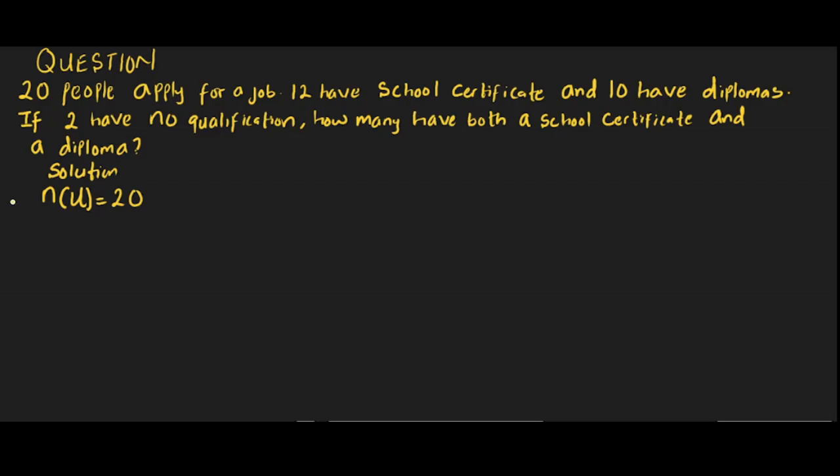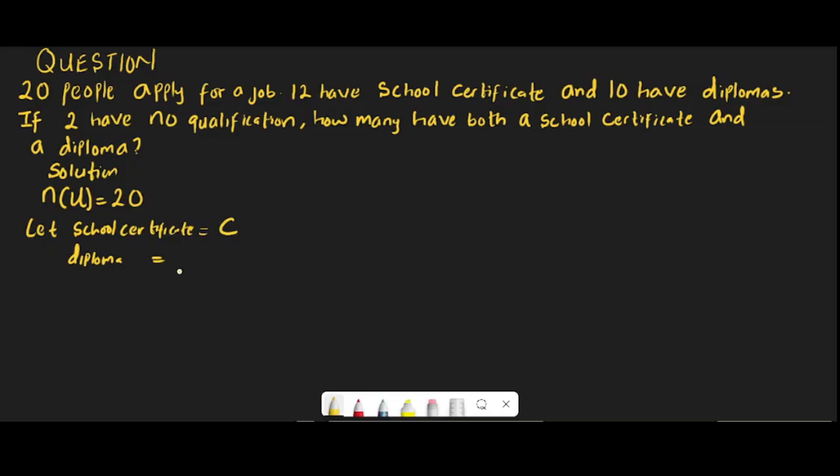So we can say let school certificate equal C, and let diploma equal D, capital letter D. Then the number of school certificates, which is C, means 12 have school certificates, so n(C) equals 12. 10 have diploma, that means n(D) equals 10.